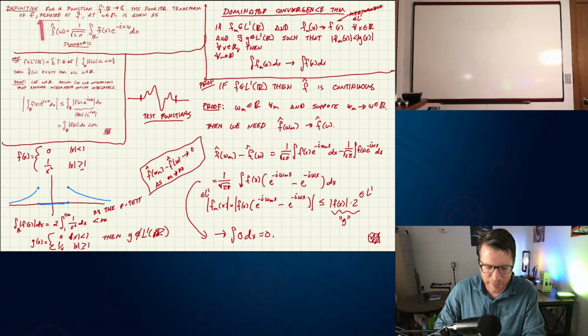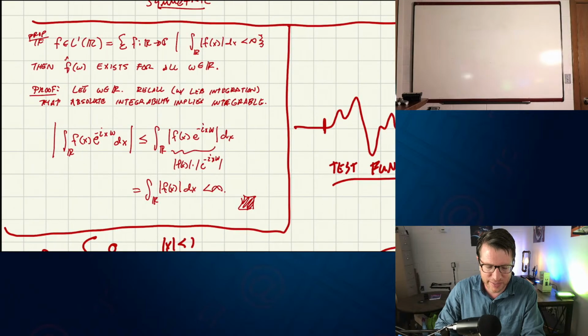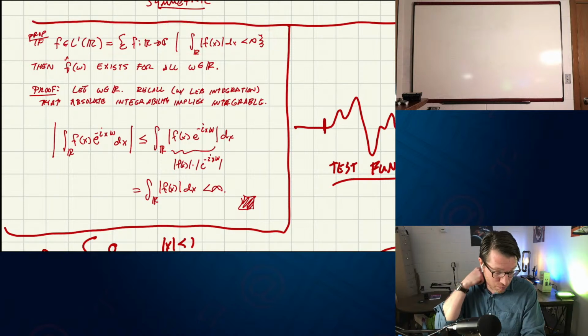And if this integral makes sense, then we call this the Fourier transform of f at omega. This works if f is an L1 function. And that's nice. If it does work, then the Fourier transform exists for all omega in R.